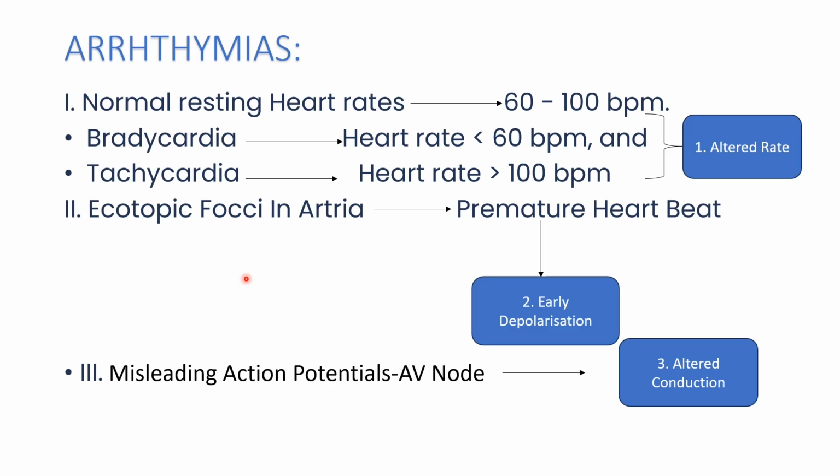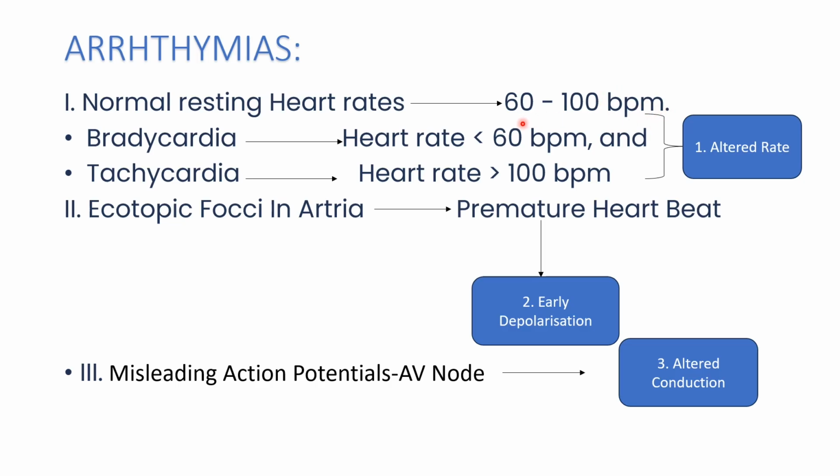Here we need to remember the term action potential, because of which there will be a rhythm. Arrhythmia means no proper rhythm of the heart. The normal resting heart rate is 60 to 100 beats per minute.